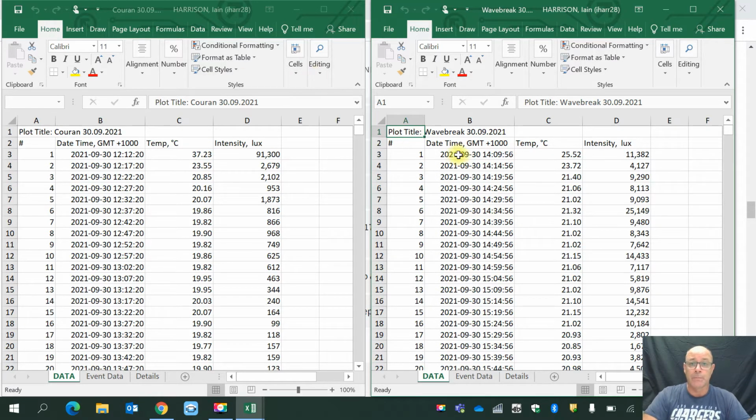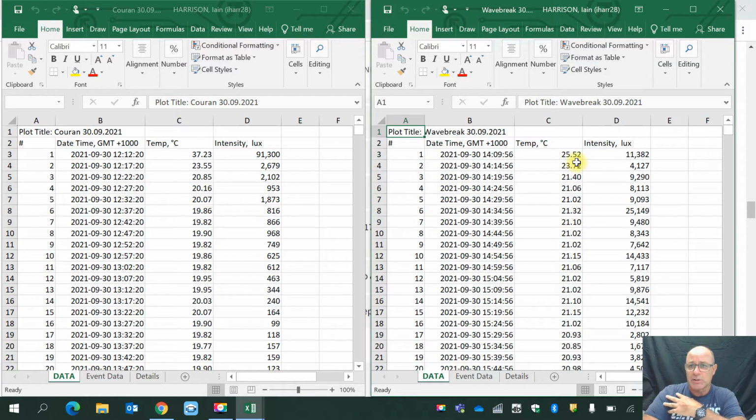With Wavebreak Island, that was our last one put in. We can't get our logger at Wavebreak to transport itself back in time to midday. So we're going to try and bring our data that was collected at Kerang Cove forwards.